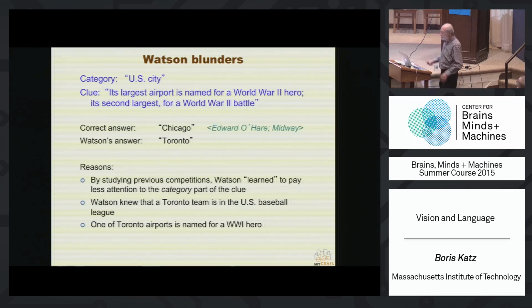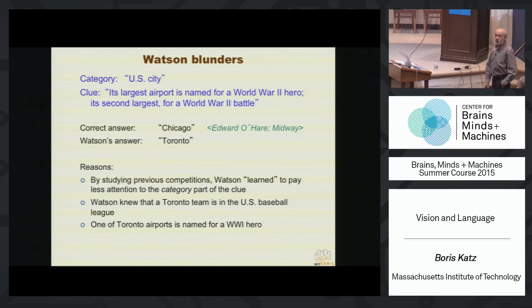Another more famous blunder, because it happened at the competition: the category was US cities, and the clue was, this city's largest airport is named for a World War II hero, and its second largest for a World War II battle.